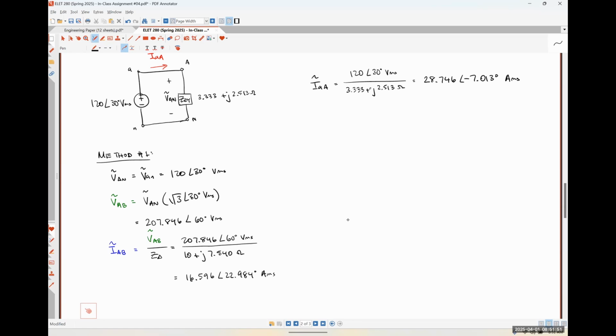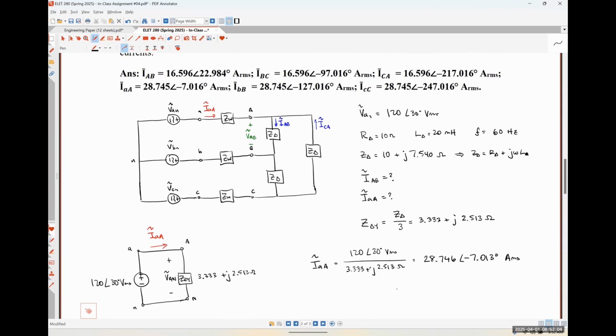So the second method, I'm going to write it over here. And the one that I actually prefer, just because it's less steps, is to apply Kirchhoff's current law to this system at node capital A, okay? So I have a current of I_aA flowing in. I have a current of I_CA flowing in.